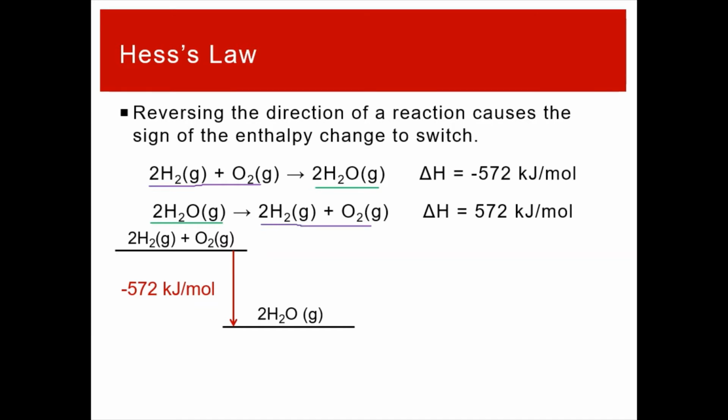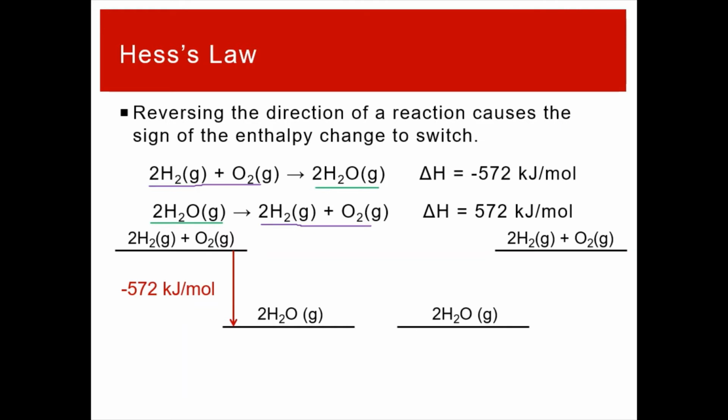If we can do it in one direction, it has to be possible to do it in the opposite direction. Not necessarily easy, but possible. So if you combine hydrogen and oxygen to make water, it is quite exothermic. You release 572 kilojoules per mole.